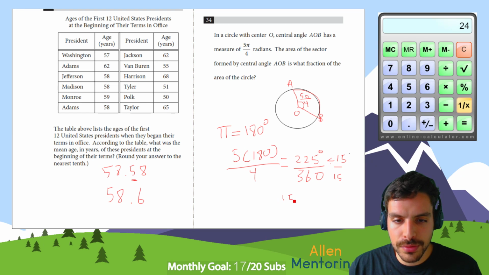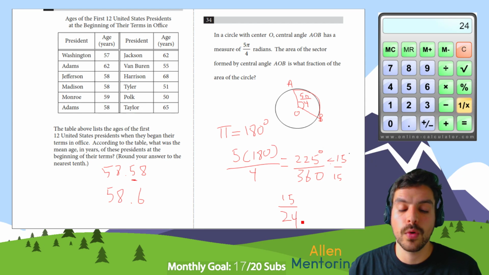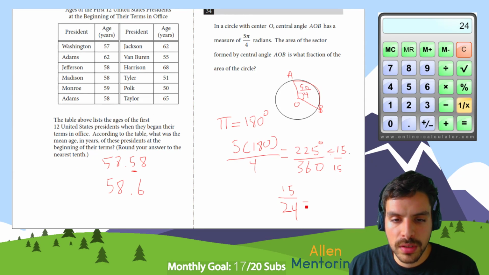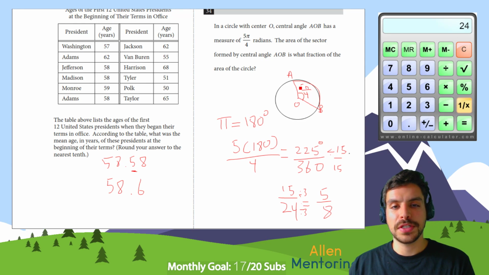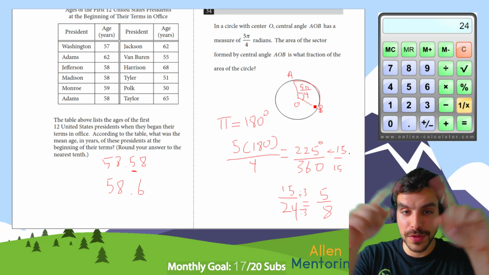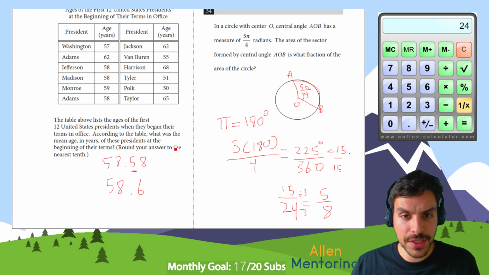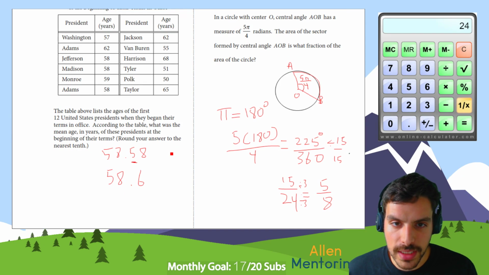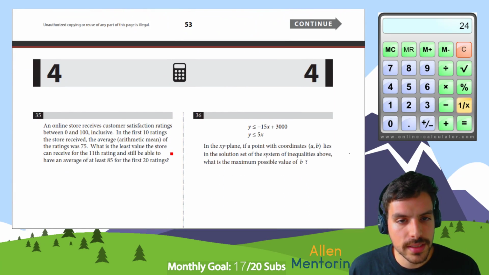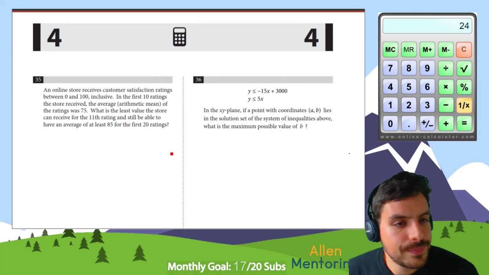So that would reduce to 15 over 24. And now, what do they both share? Well, we can divide them each by 3. And so now our simplified fraction is 5/8. So this arc is 5/8 of the circumference, and this sector is also 5/8 of the entire area. All right. Excellent.